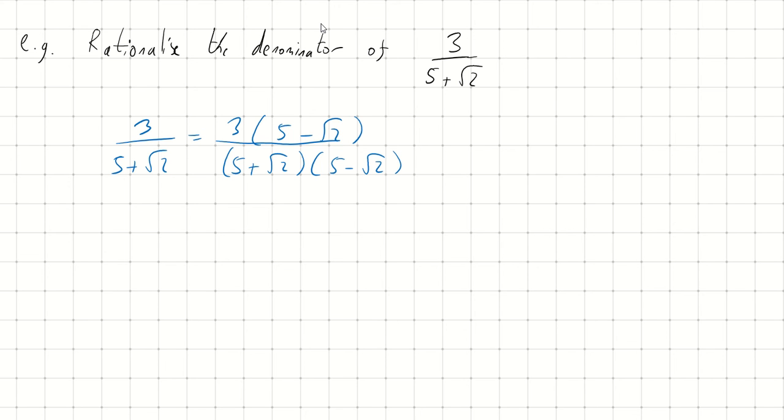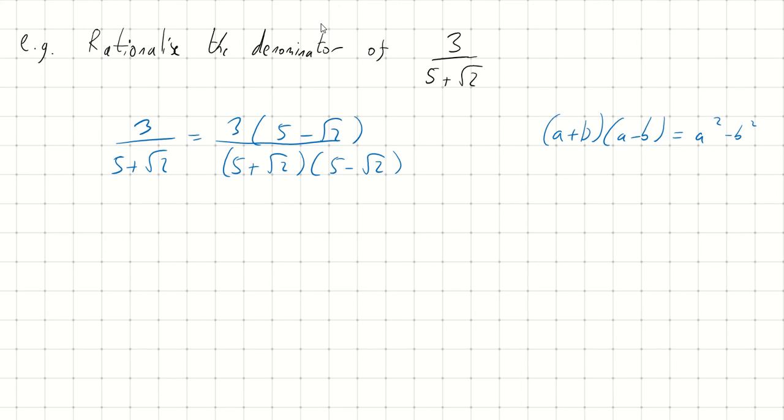And the reason why we do this is because if you know anything about difference of two squares, this denominator is now a difference of two squares. (a plus b)(a minus b) is equal to a squared minus b squared. And because of this pattern, our square root of 2, like the b, will turn into b squared, and that will then disappear as a square root. So let's follow this through.